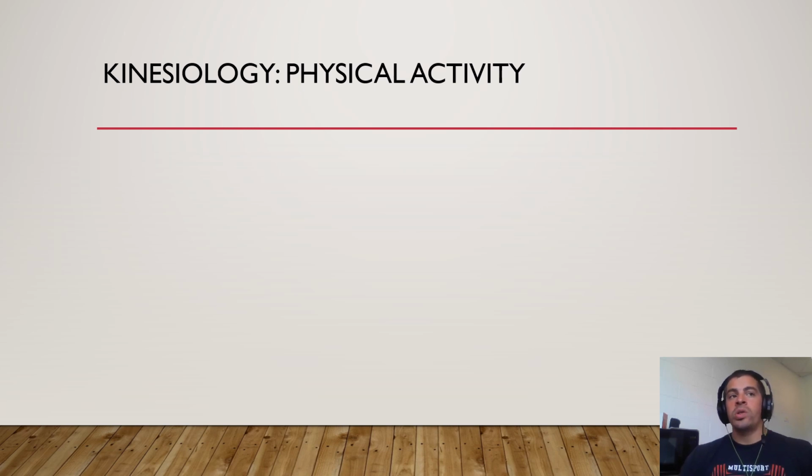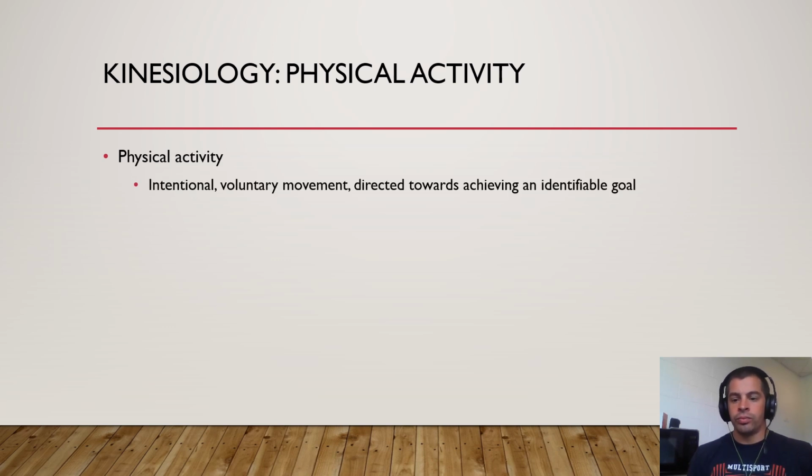All right, so what's the definition of physical activity? These are our guidelines. This is our working definition of physical activity that we will use: intentional, voluntary movement directed towards achieving an identifiable goal.